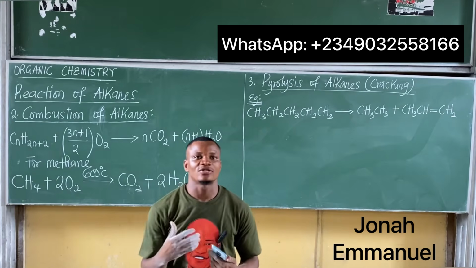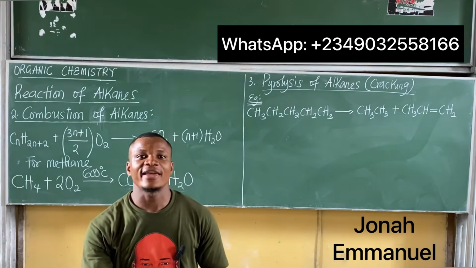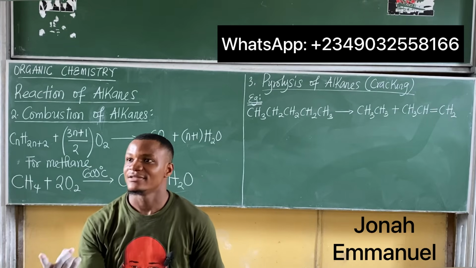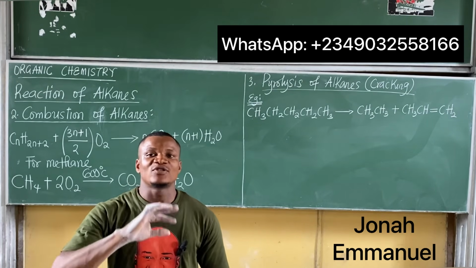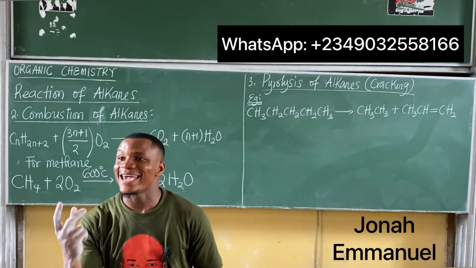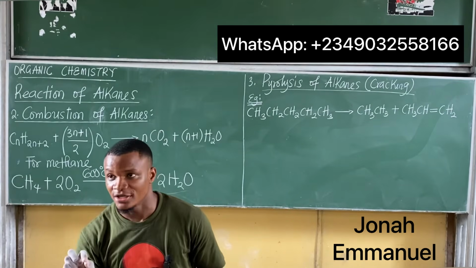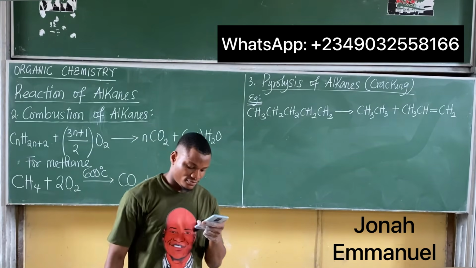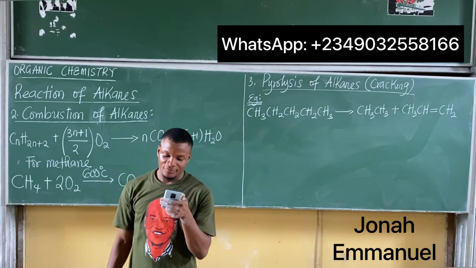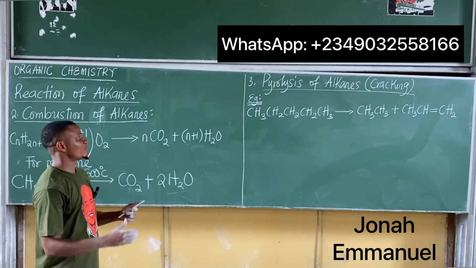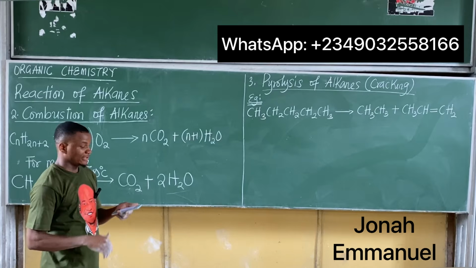My pronunciation is good. Alkane, alkene, alkyne. Quite obvious. Smaller alkane, A-N-E, and alkene, E-N-E. So a large alkane breaks down to a smaller alkane and an alkene.